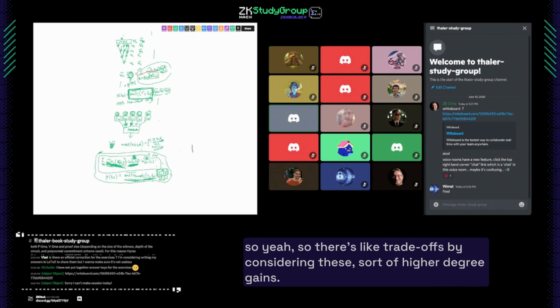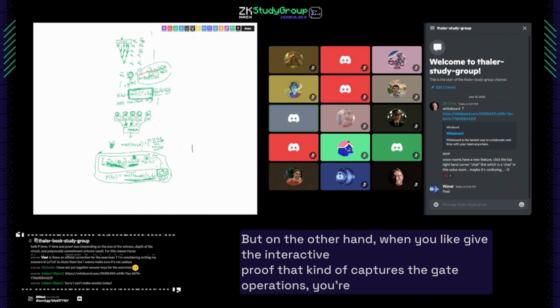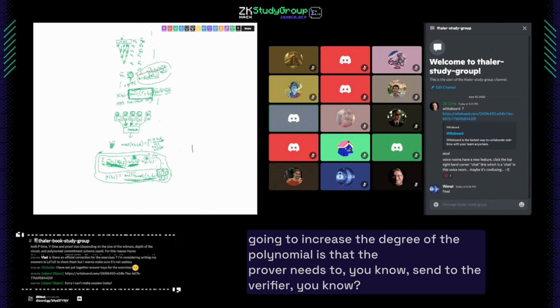So there are trade-offs in considering these higher degree gates. On the one hand, they're more powerful gates, so you can make your circuit smaller in terms of number of gates. But on the other hand, when you give the interactive proof that captures the gate operations, you're going to increase the degree of the polynomials that the prover needs to send to the verifier.